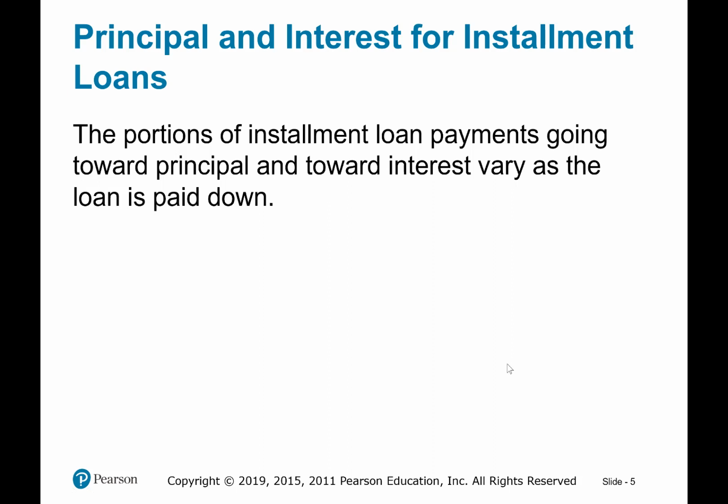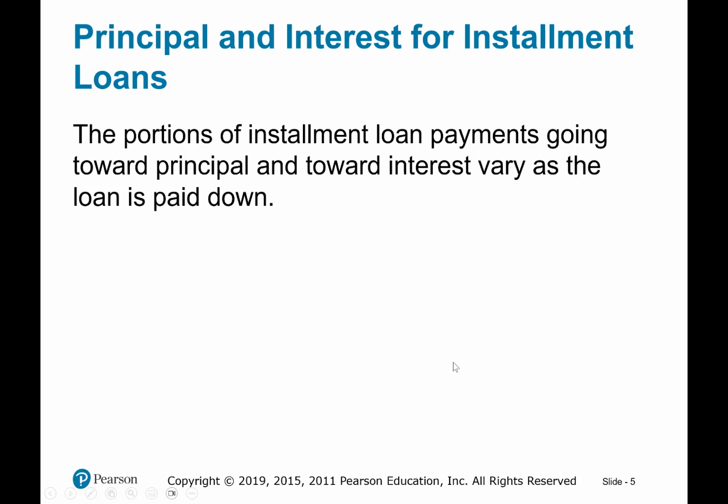Okay, so now principal and interest for installment loans. There are two portions, right? The portion of installment loan payments going towards principal and the amount going toward interest will vary as the loan is paid down. Your payment amount stays the same, but the proportion of that payment that goes towards interest changes over time.